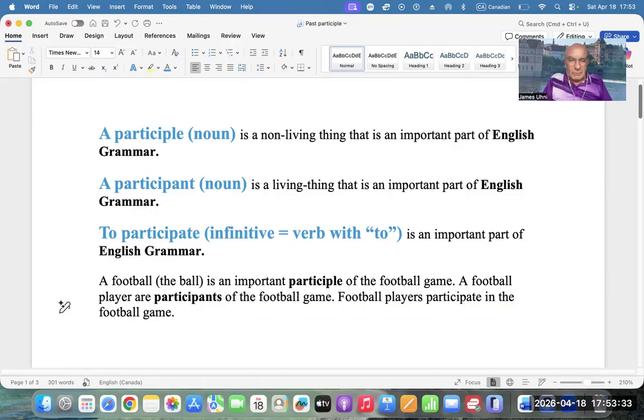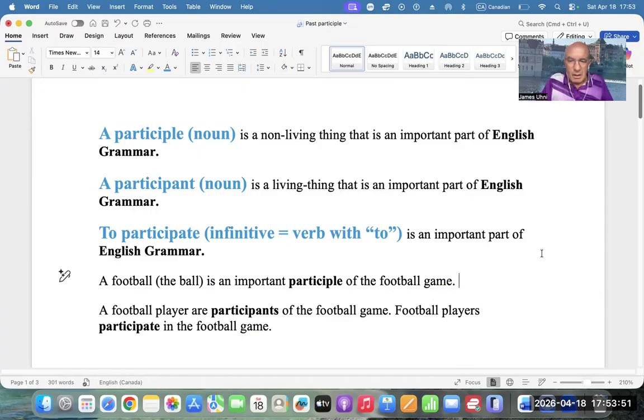Wow. So maybe I should split it into three different sentences completely. So what I will write over here is, a football is an important participle of the football game.